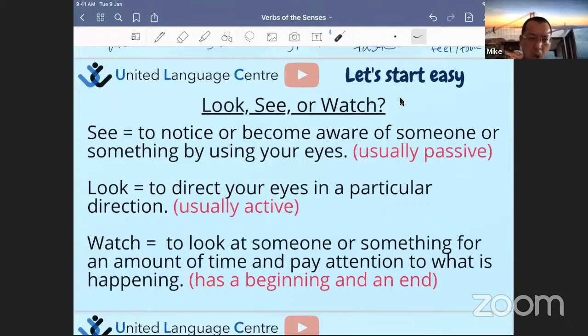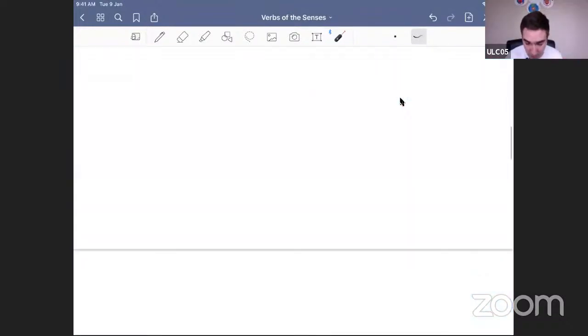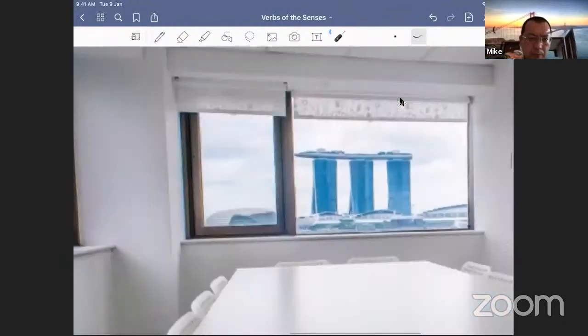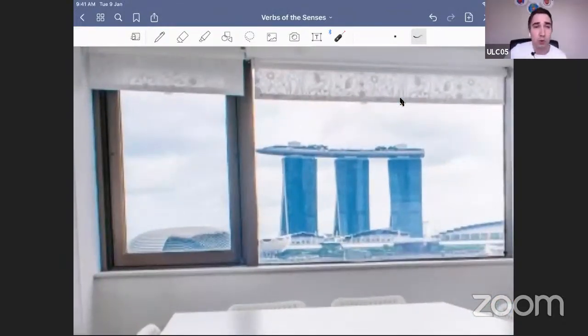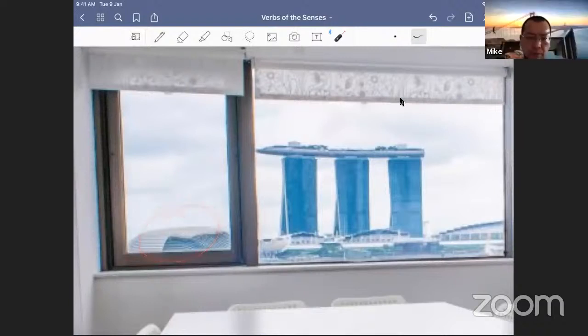But if I see, if you look at this picture, of course, maybe I look at the Marina Bay Sands. So everyone look at Marina Bay Sands. But if you're looking at Marina Bay Sands, we can also see the Esplanade.